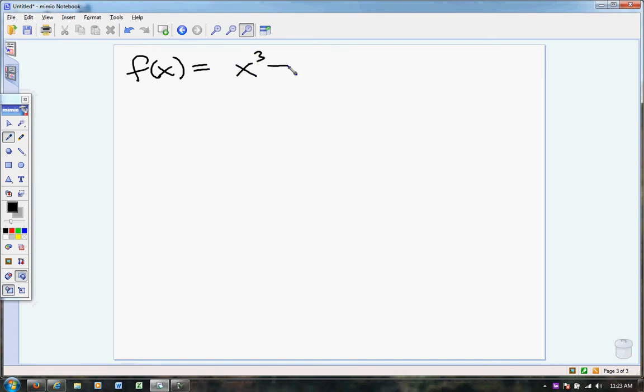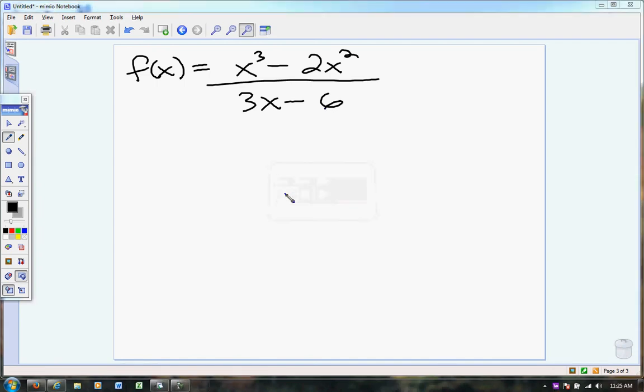x cubed minus 2x squared over 3x minus 6. Let's plug this function into the graphing calculator.